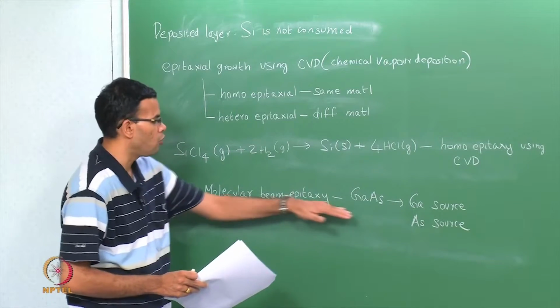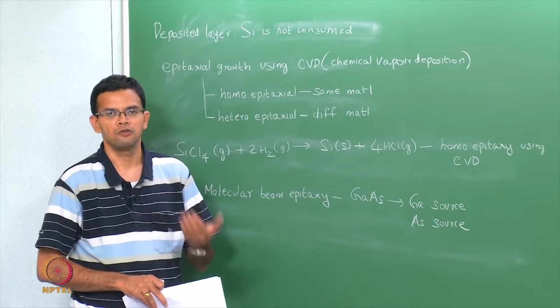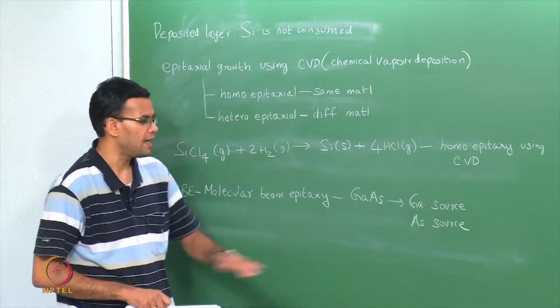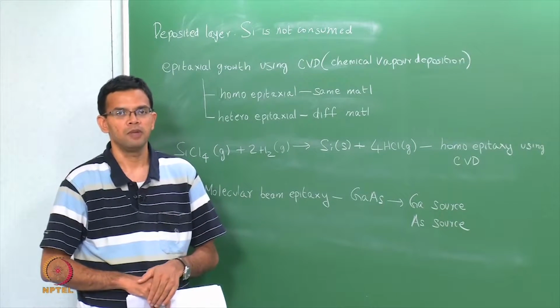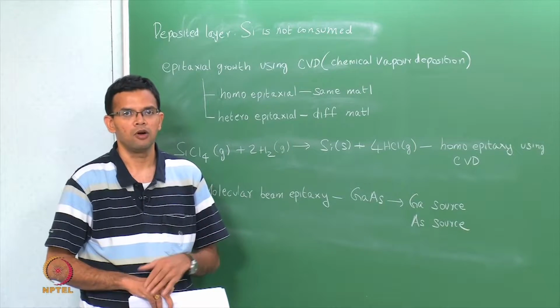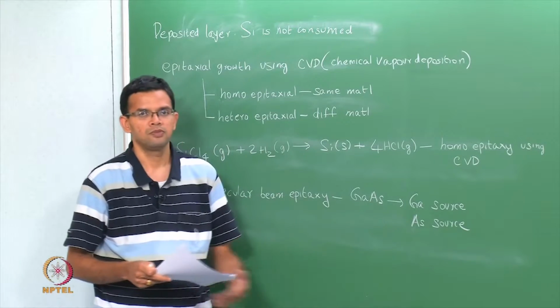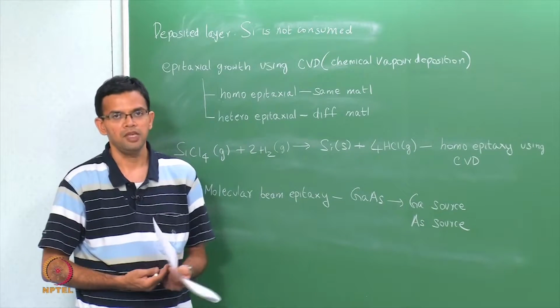For example, if you want to dope gallium arsenide with something like say sulfur or phosphorus or any other group 2 element, that can also be added as a source, and by controlling the amount of material you can get a precise amount of doping.